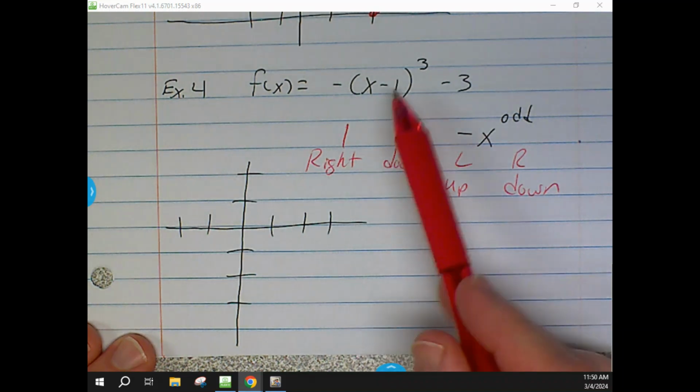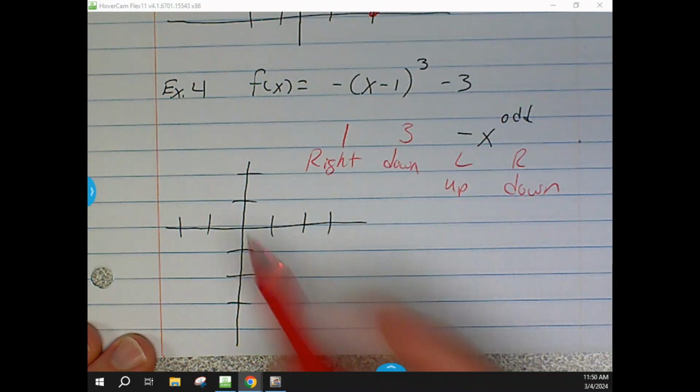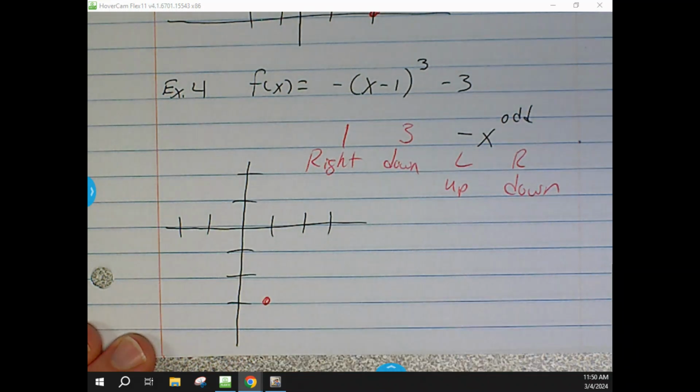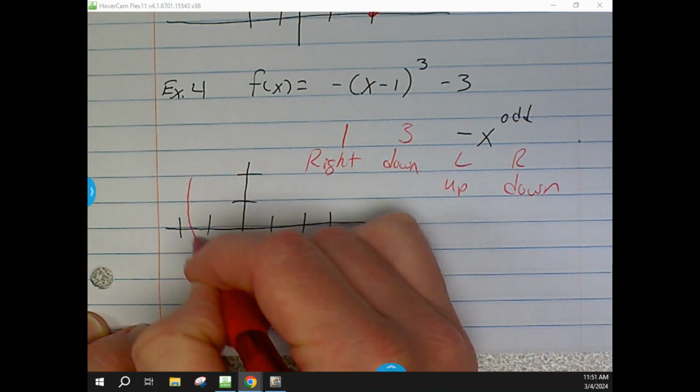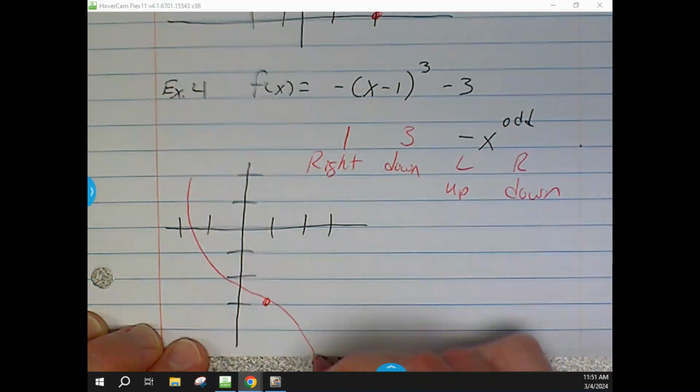Okay, so again, make sure we've got the movement correct first. So 1 right, 3 down would put us here. And again, x to the 3rd normally would go like this, but because of the negative in front, it's got to go backwards. So now the left side is up, and the right side would be down.